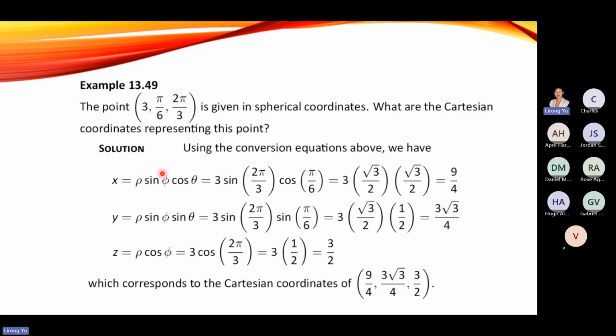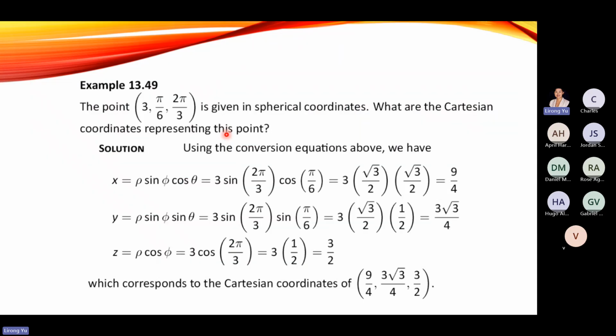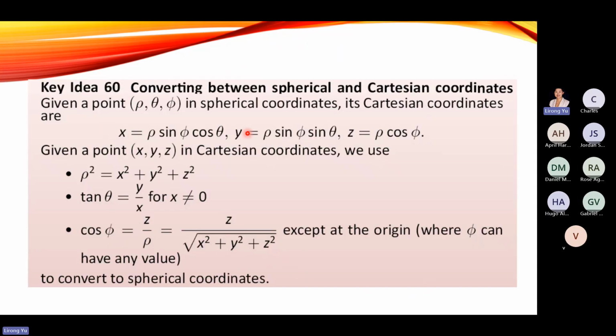You plug in the phi, the theta, and the rho, which allows you to calculate the x value. Similarly, y equals rho sine phi sine theta, and then we enter all three numbers to calculate the y value. z equals rho times cosine phi. Following the formulas of the spherical coordinate change, we're able to calculate. So from a spherical coordinate to a rectangular coordinate, you follow the equations that we see here, the x formula, y formula, and z formula.